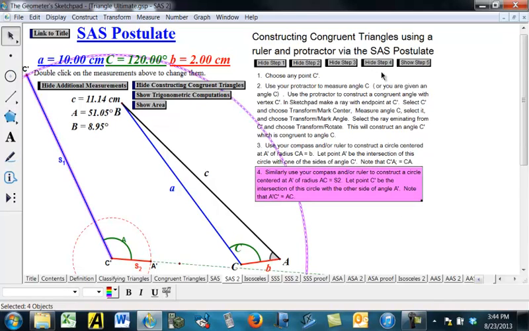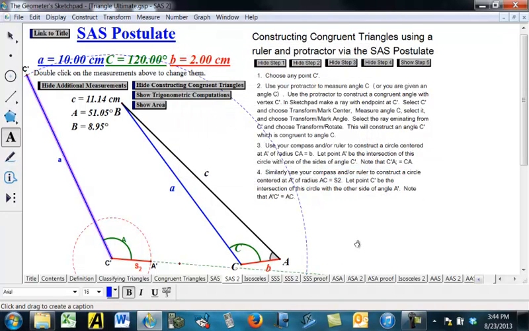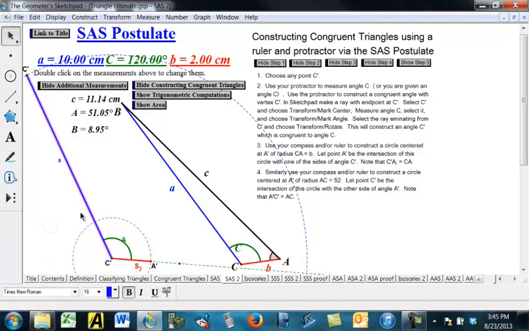Next step we do is we go out this length A. So let's go ahead and label that as length A. Okay, and that circle here has that radius, and that's going to give us our point up here, which is going to be B prime.